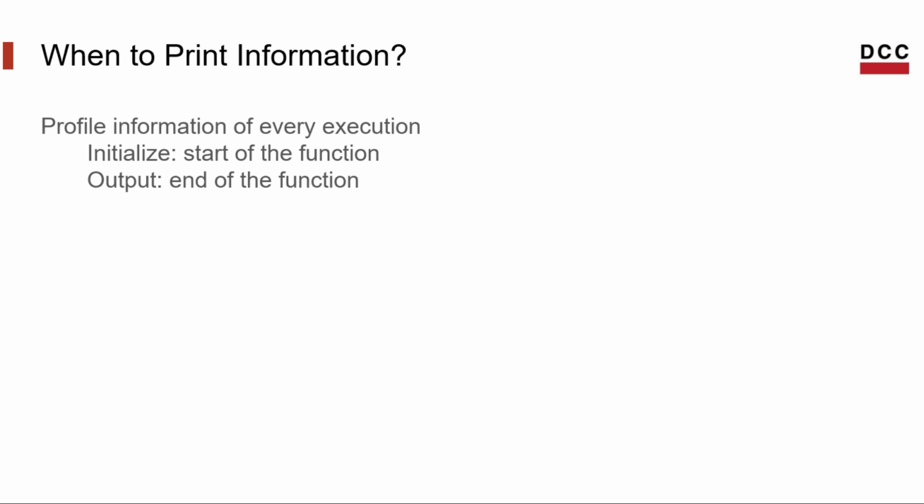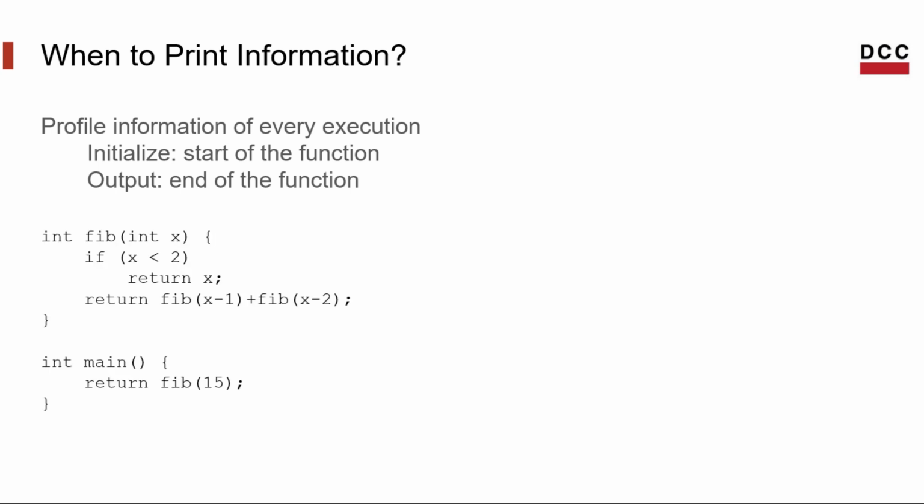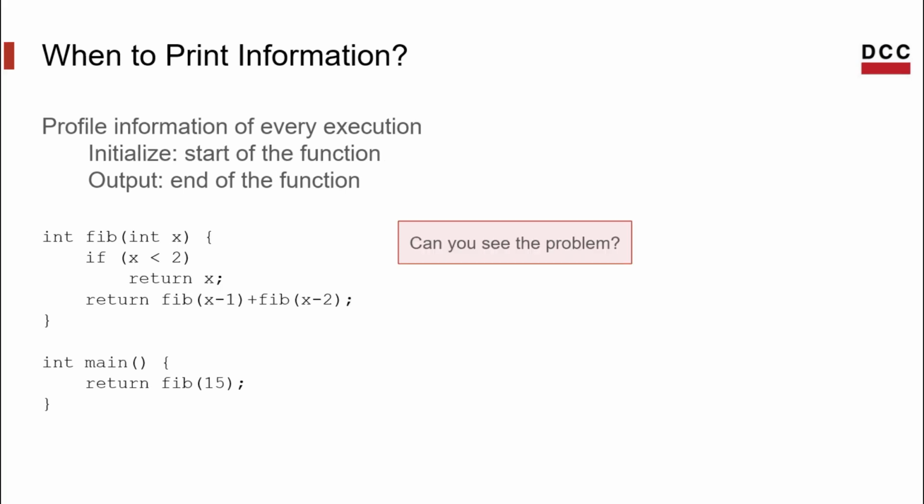But suppose we have the following program, with a main function and a call to a recursive Fibonacci function. Can you see a problem with the idea of getting profile information of every execution of the Fibonacci function? Take a moment and pause the video if you want to reflect.